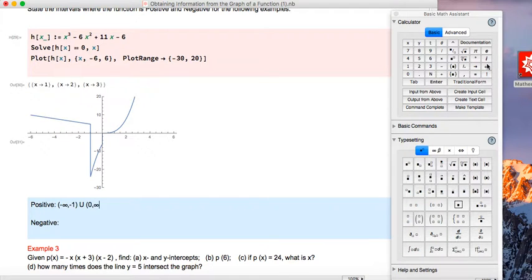And when the graph is negative, which is below the x-axis, it's from negative infinity, this part of the graph, this part. So negative infinity to 0.